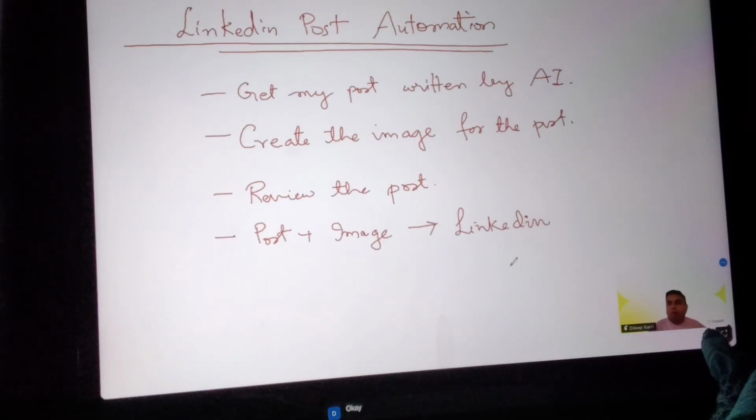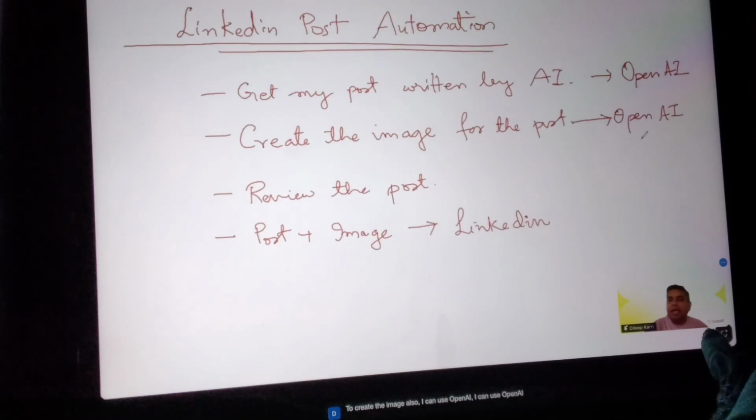Okay. So now what are the softwares that are involved in this complete process? To get my post written by AI, I can use OpenAI or Claude. So I will use OpenAI. To create the image also, I can use OpenAI. To review the post, if I want to check whether the post is good or not and then send it across, I will maybe use a Google spreadsheet.